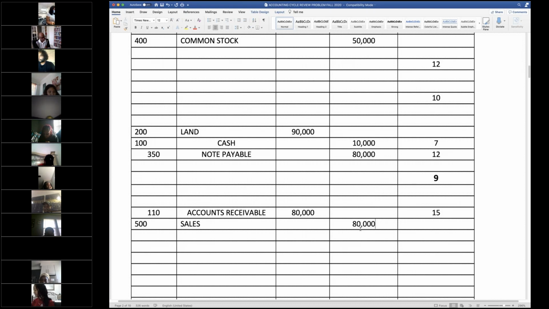But if you work 10 days, is that a good thing or a bad thing? That's a good thing. Guess what? You're going to get a paycheck. Same thing here. These people did some work. So when you've worked, you're owed money. That's a receivable for the company. Same thing.